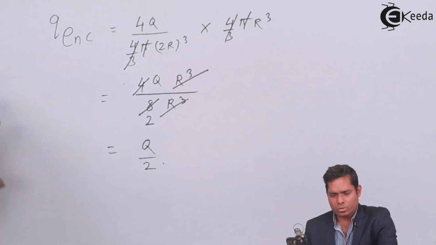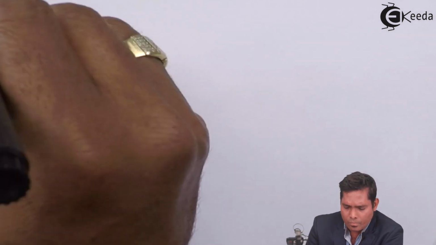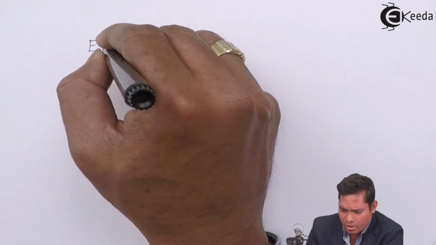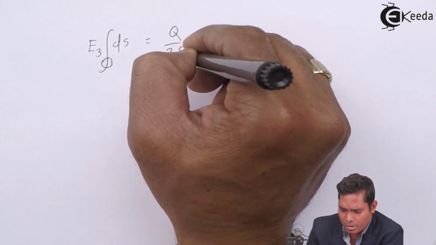Now let us solve that part also. Because the electric field is the same in magnitude at that point, and for the charge enclosed it is radially outward for all the small elementary areas we consider, E3 comes out of the integral of ds cos theta, which is equal to Q upon 2 epsilon naught.